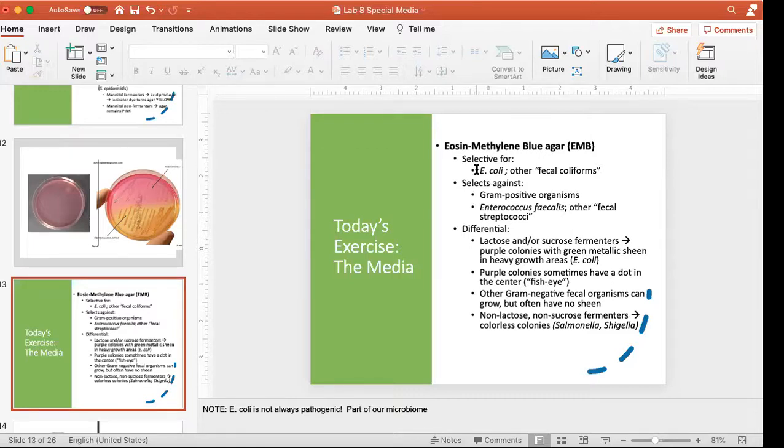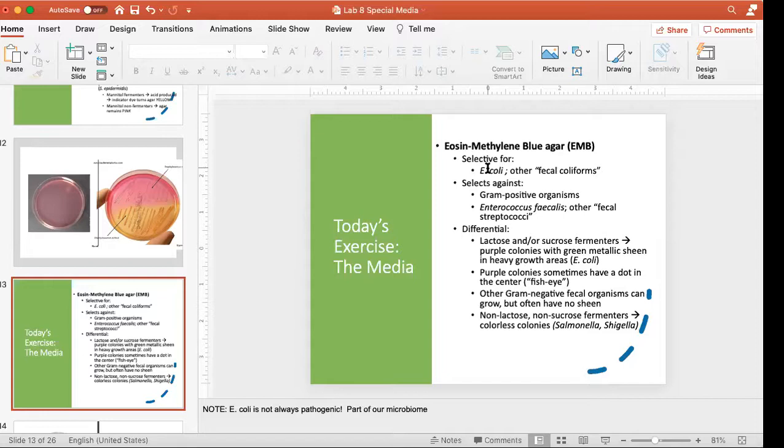E. coli and other fecal coliforms can ferment these sugars, either one or the other. Now on this plate, if they ferment the sugars, the colonies are going to turn purple. So this time it's not the agar that's changing color, it's the colonies themselves that are changing color.